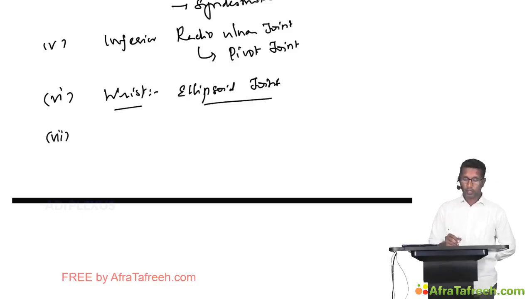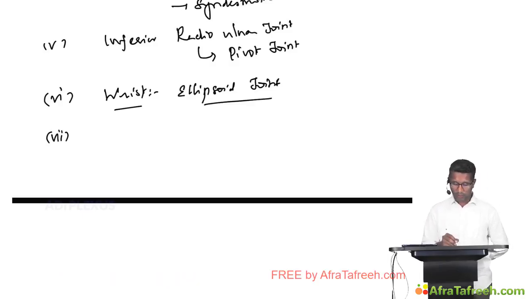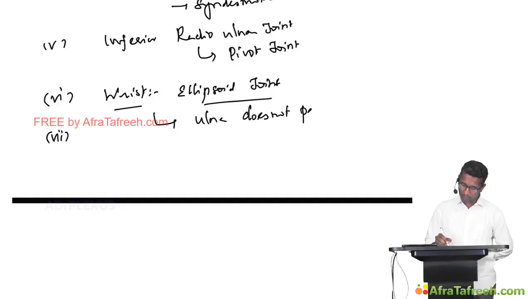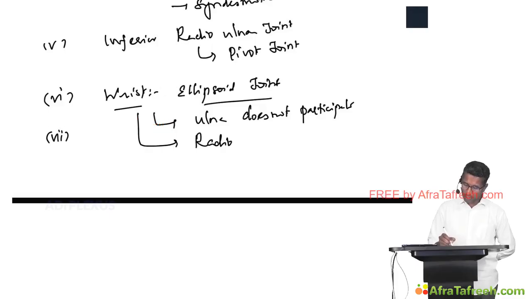Okay, and one important thing in the wrist joint, please remember, the ulna does not participate in the wrist joint. That is why the wrist joint is also called the radiocarpal joint. It is not called the radio-ulnar-carpal joint.